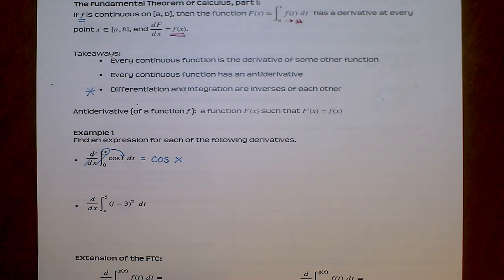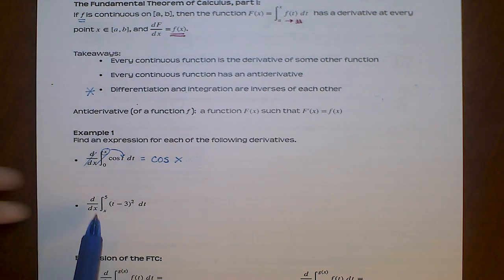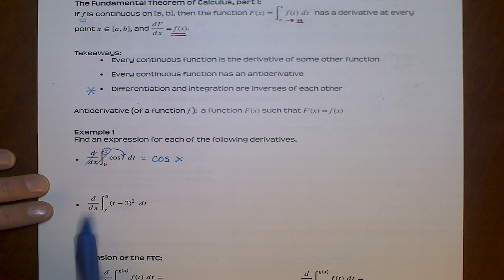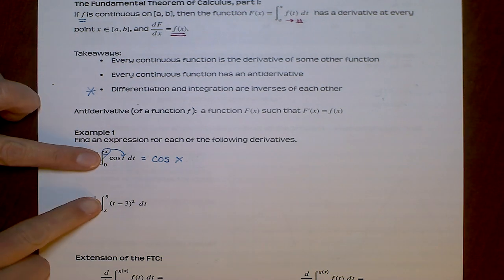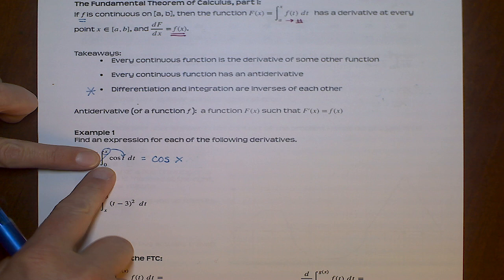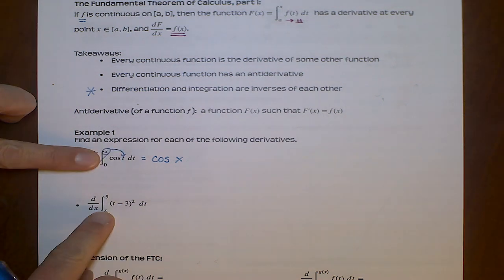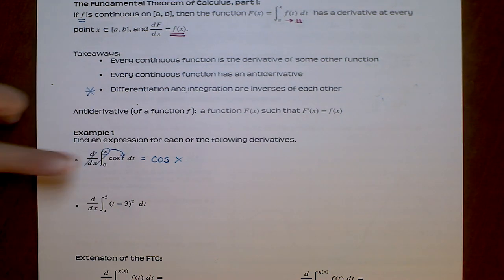So in example 2, well, sorry, this is still part of example 1, but in this problem here, it's the same setup where I have a derivative of an integral, but I want you to notice that the endpoints are a little bit backwards from what we had before. Up here, I had a number on the bottom and an x on the top. This is reversed, but that's okay. We know how to work with integrals that are reversed.